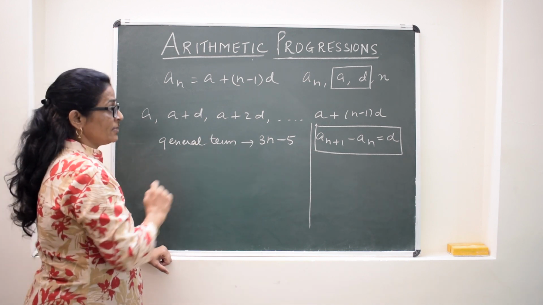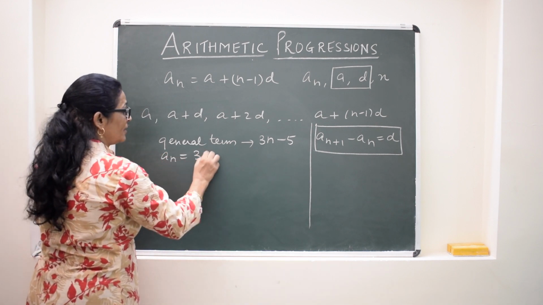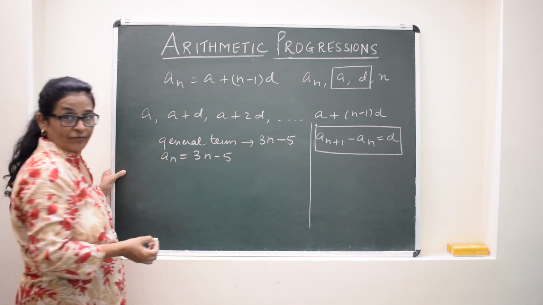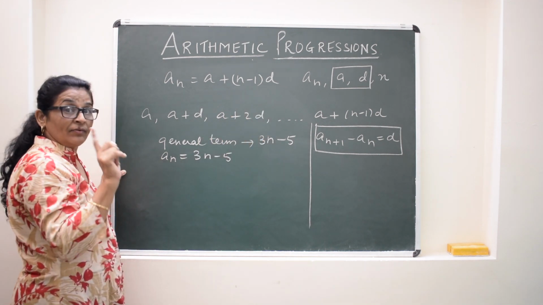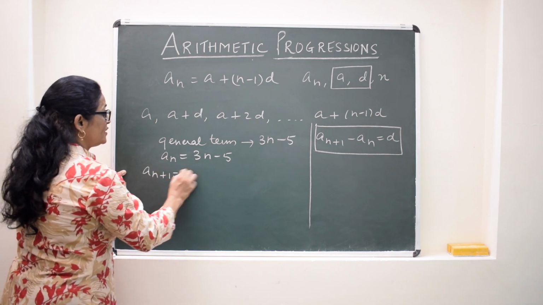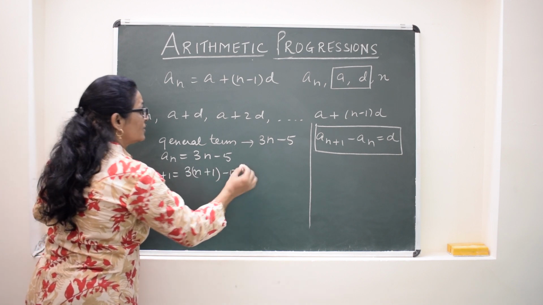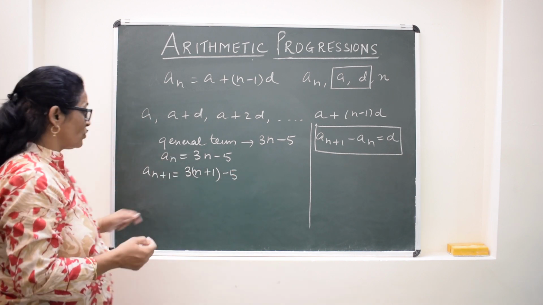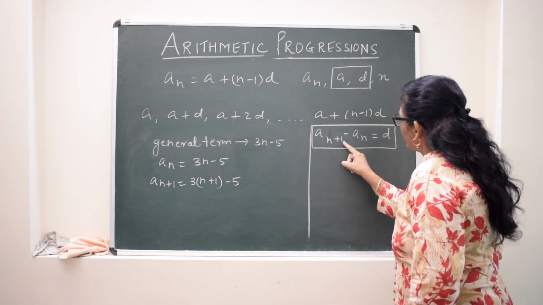So let's check this. Here, an is 3n minus 5. For an plus 1, in place of n, we will write n plus 1. So an plus 1 is equal to 3(n plus 1) minus 5. Let's see the difference of these two. D is equal to an plus 1 minus an.